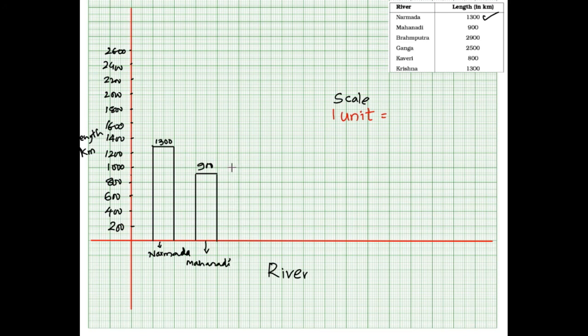Next we have got 2900. 2900 means I need to continue here. It is 2800. Next is 3000. Between 2800 and 3000 we have got 2900. So somewhere here we need to represent the river Brahmaputra.